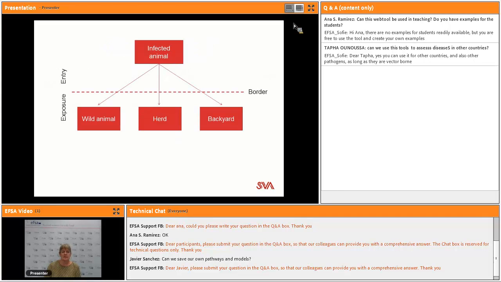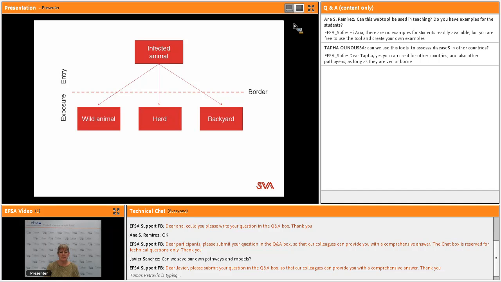And in the probability of introduction, we include both the probability of entry, the pathogen crossing the border, and also the probability of exposure of Swedish animals.